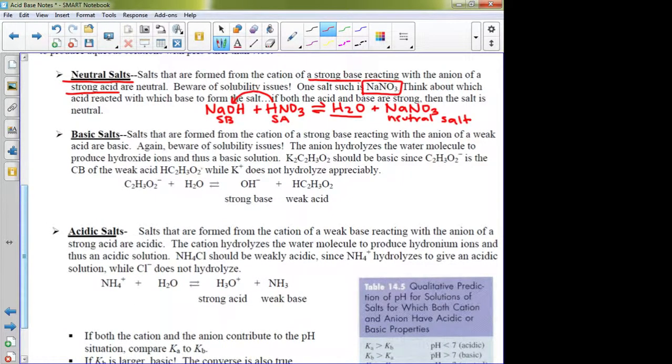We'll talk about basic salts here. Basic salts are salts that are formed from a strong base reacting with a weak acid. So what to remember here is that strong always wins.